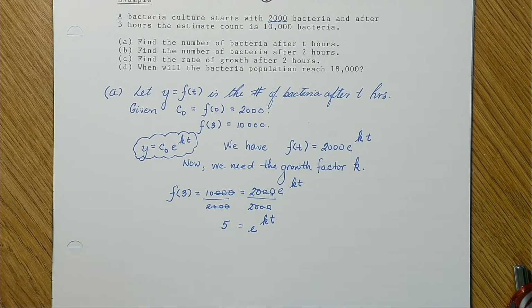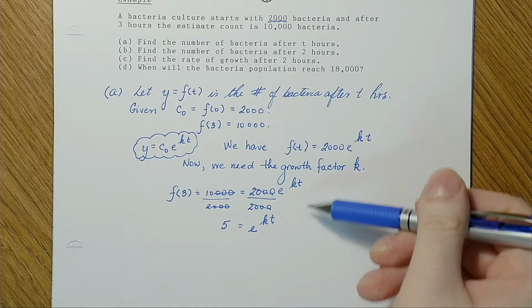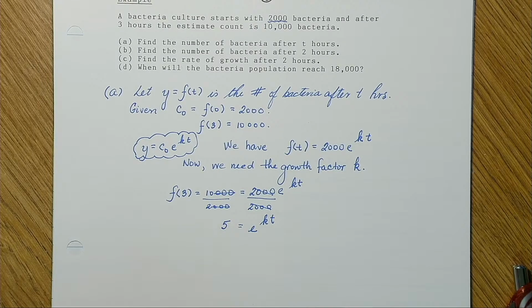Now, has anyone noticed that I've made an error? Where in here? I'm trying to solve for k, but what piece of information should I have entered in? Yes, that's right.